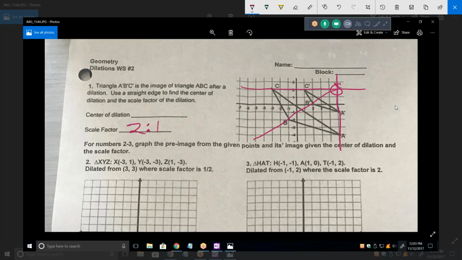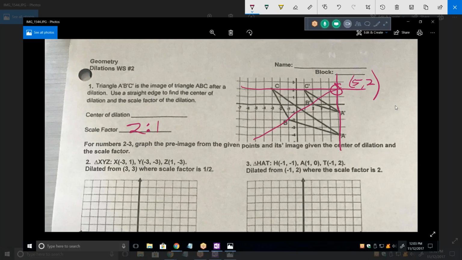Yeah, I've got to think that is probably the center of dilation. In other words, this triangle is attempting to move to 5, 2. It's halfway on its way, and it's been dilated by a factor of 2 to 1.